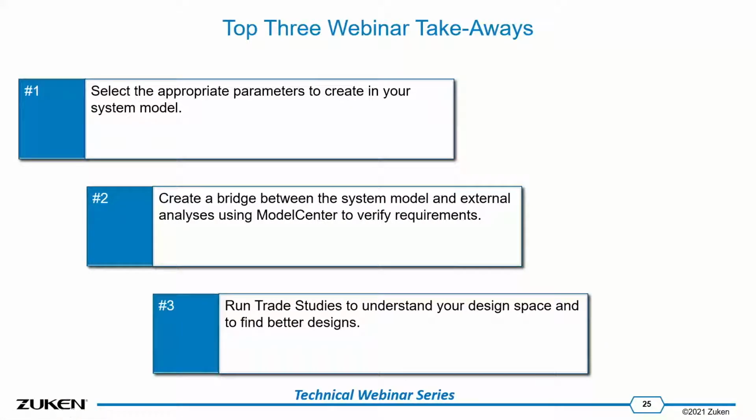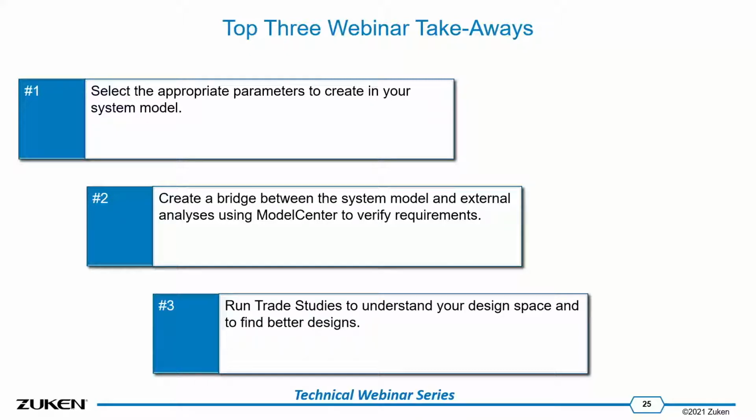So I would like to conclude this presentation by presenting the top 3 webinar takeaways and to share them with you to make sure that you have a great summary of the webinar. So in the first part of the webinar, Steve explained to you how to create the different parameters in the system model. So we would like you to remember how to select the appropriate parameters to create a new system model.